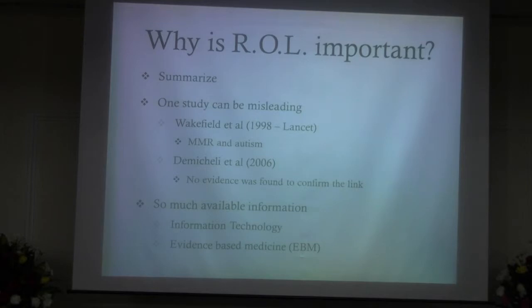The media took that study and said, oh my God, MMR is causing autism. Later on, Dimitrov, in 2006, did a review of literature and found that there was no link whatsoever. So sometimes one study can be misleading into the practice that you want to adhere to.